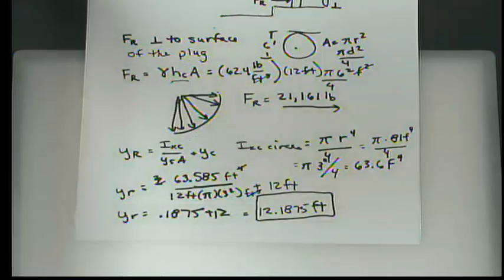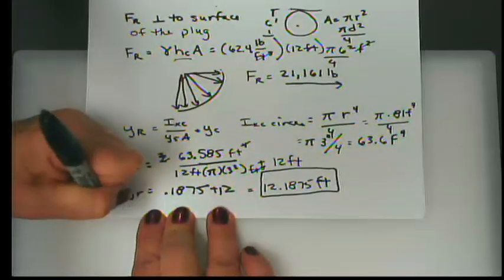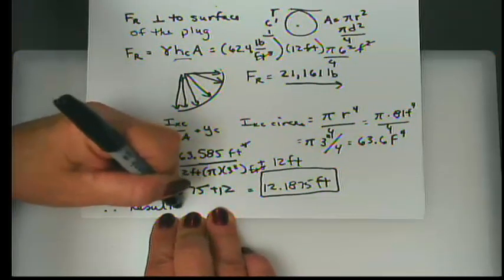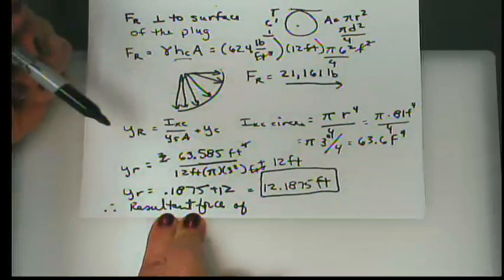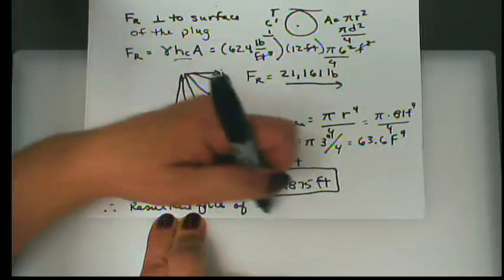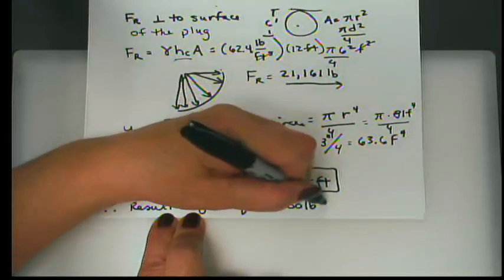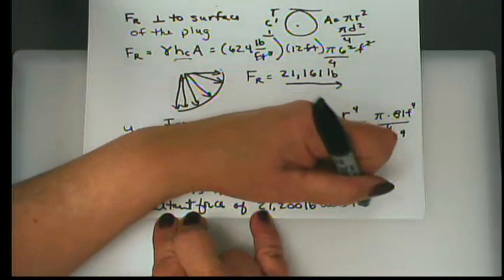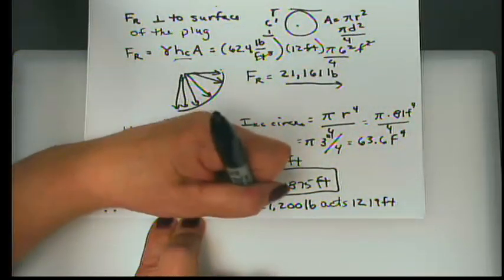All right. So the answer is that I have a force, let me just write this down, therefore my resultant force of, it says 21,161 pounds, 21,200 pounds, acts 12.19 feet below the water surface.